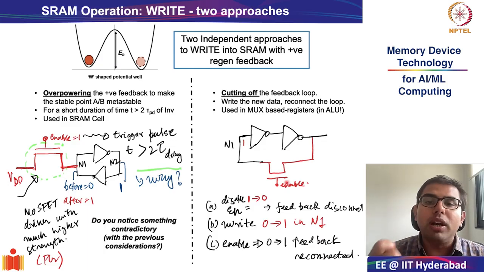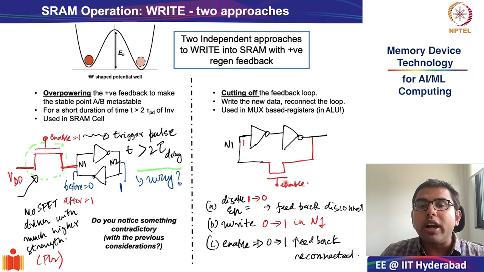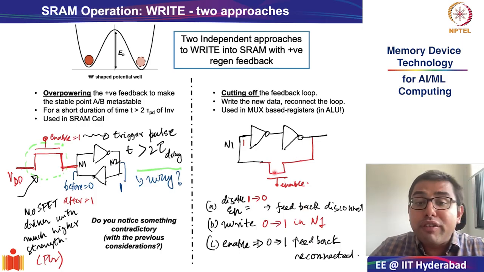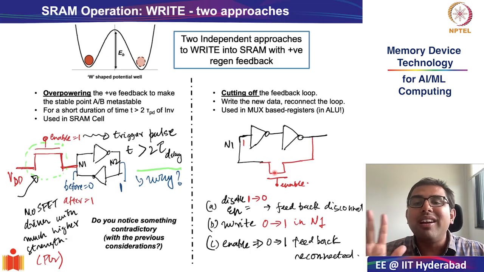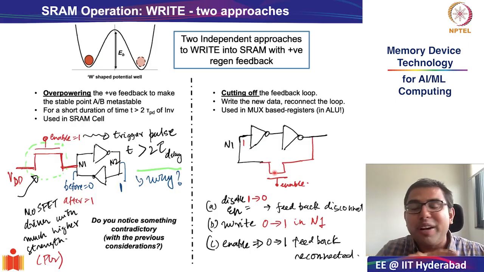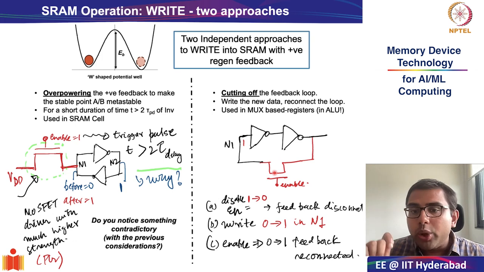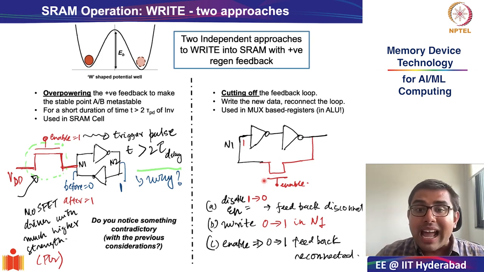If you disable this enable signal, when you turn it from 1 to 0, the feedback gets disconnected. If the feedback gets disconnected, they are simply two independent inverters. They don't have the positive feedback mechanism working anymore. So what you can do is disconnect the feedback and then alter this value.